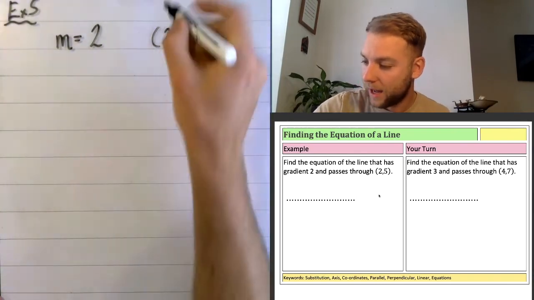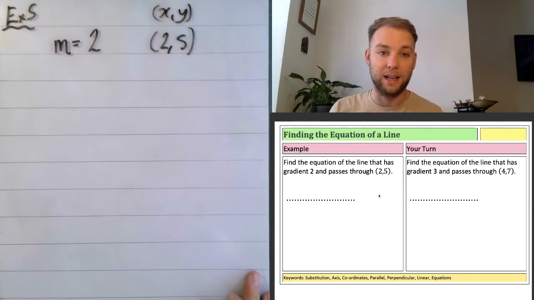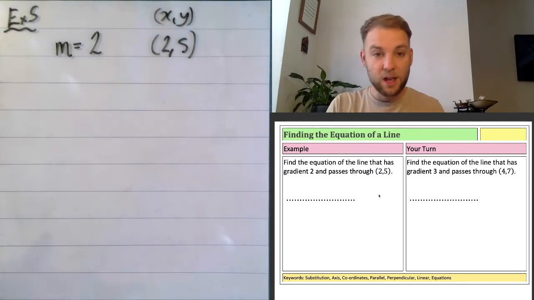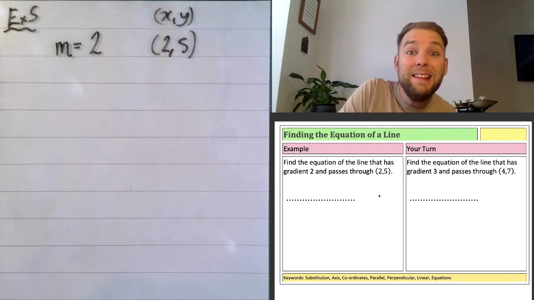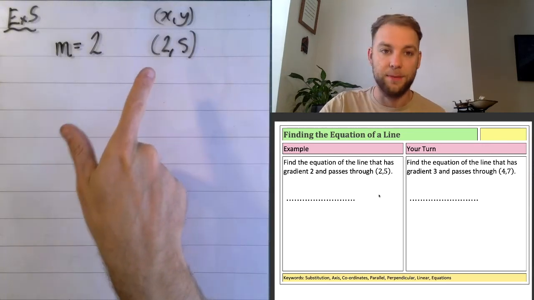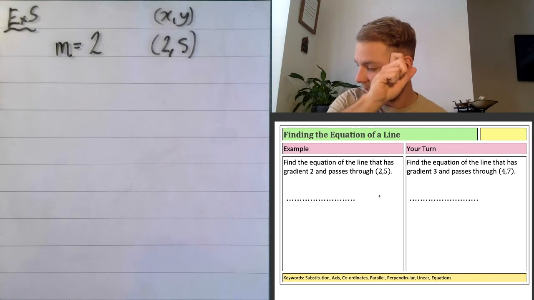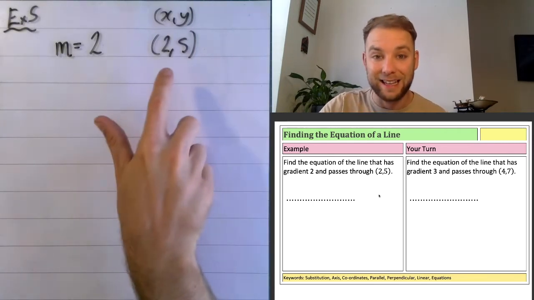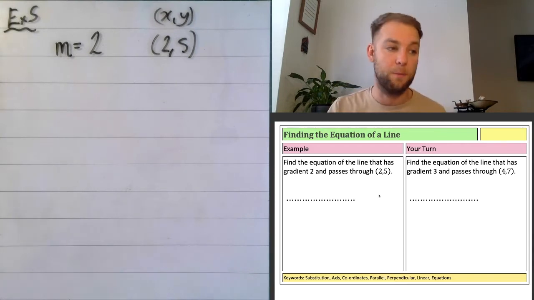Now remember with that, this is x and y. These are actual values on my line, okay? There are loads of different values of x and y on this line, an infinite amount. But there's only one gradient and only one intercept, so there's one c, okay? So this could be anything on that line, and we'll be able to work out the c from there.